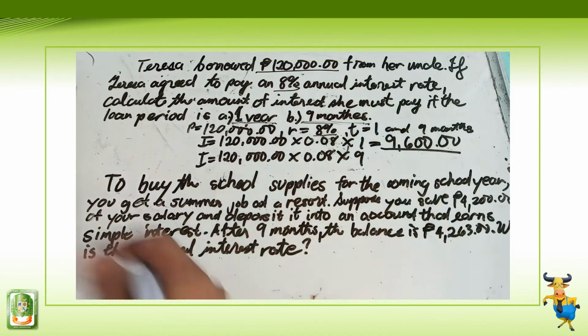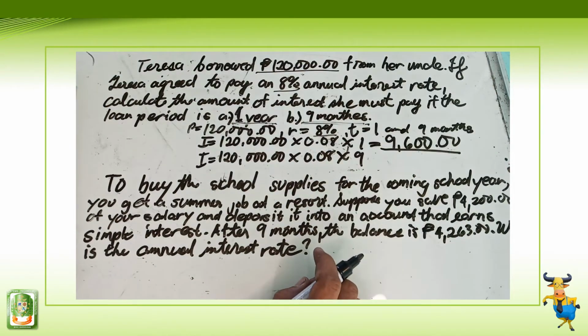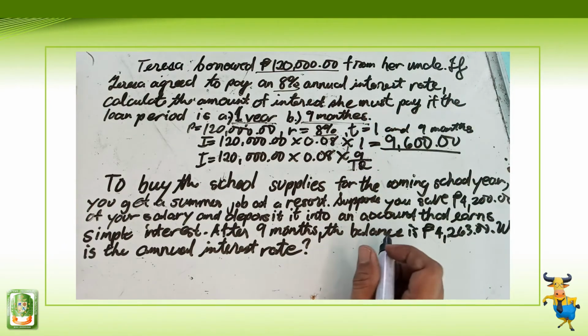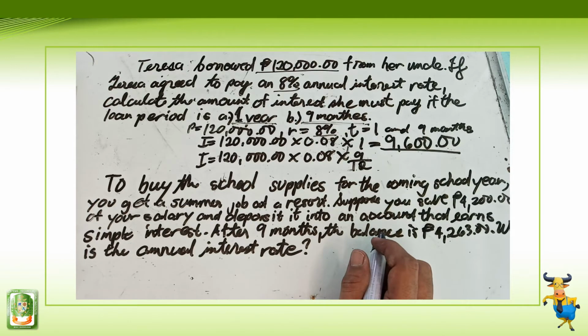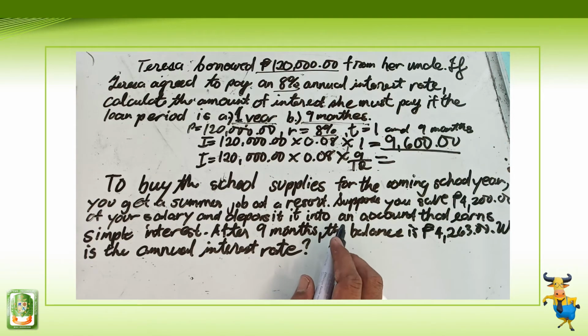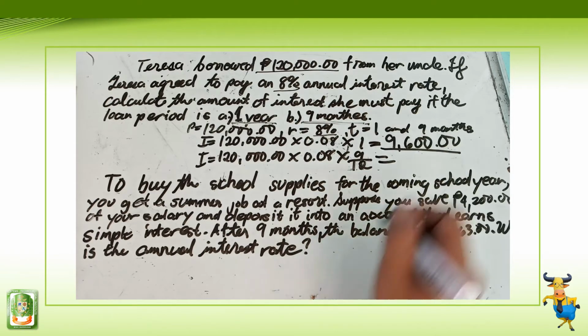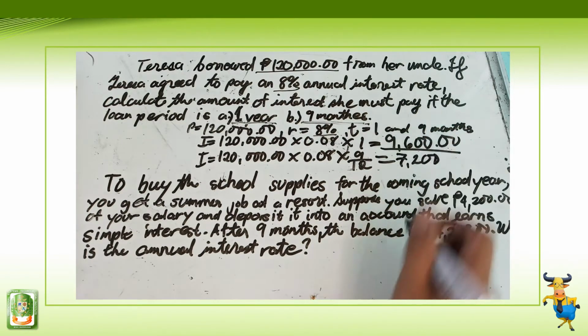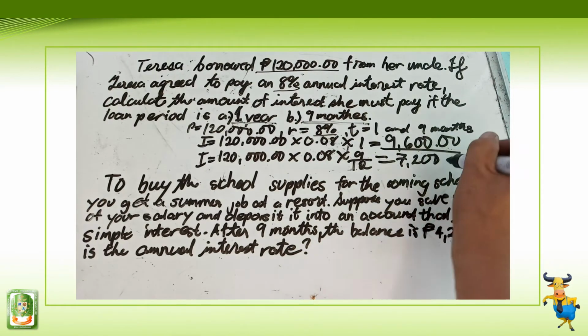Sa loob ng ilang months nga meron tayo? 12 yun, di ba? So, 9 months over 12. So, kalalabasan yan, ang magiging interest niyan ay meron tayong 7,200 pesos.